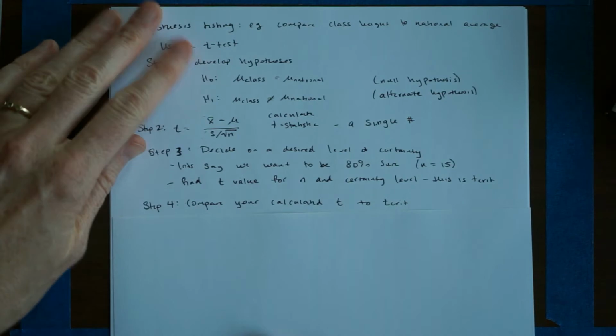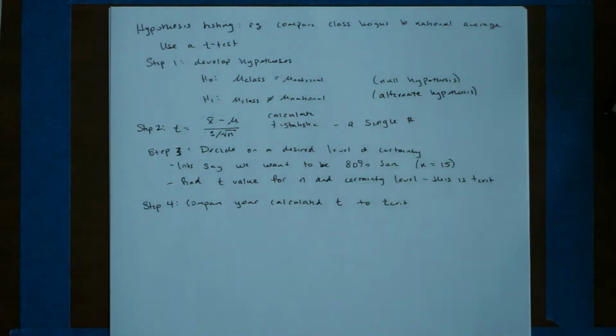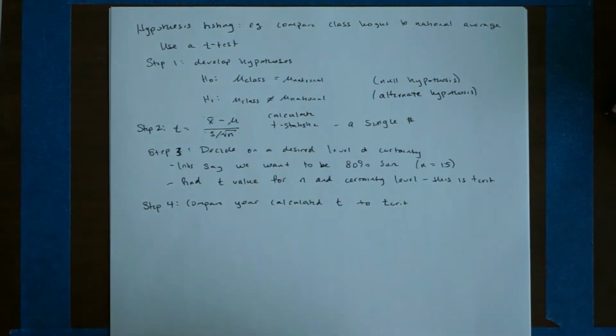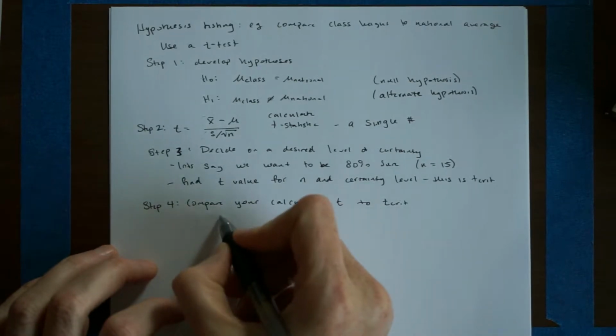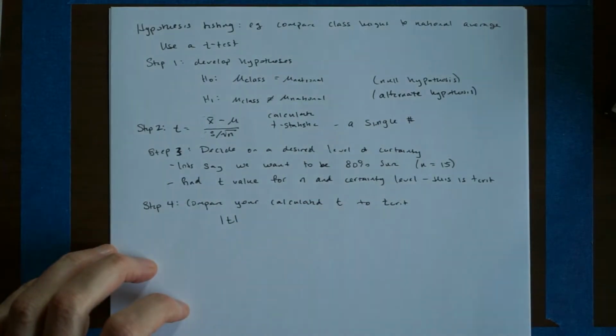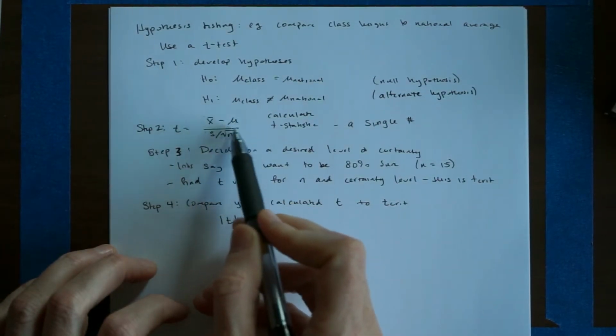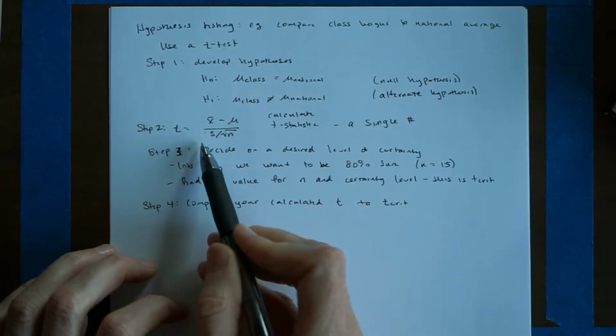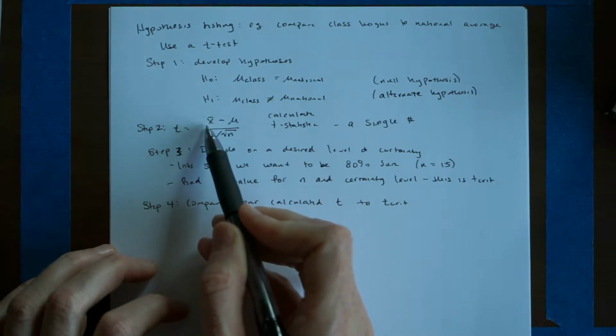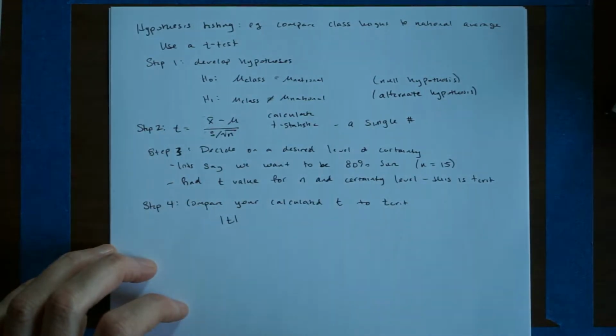And then step 4, we compare our calculated t to t-crit. So in this case, our alternate hypothesis is just that there is a difference in the averages. So if the absolute value of your calculated t, you'll notice that if your average height is less than the national average, you can wind up with a negative value for t. If our average height is higher than the national average, we'll wind up with positive values for t.